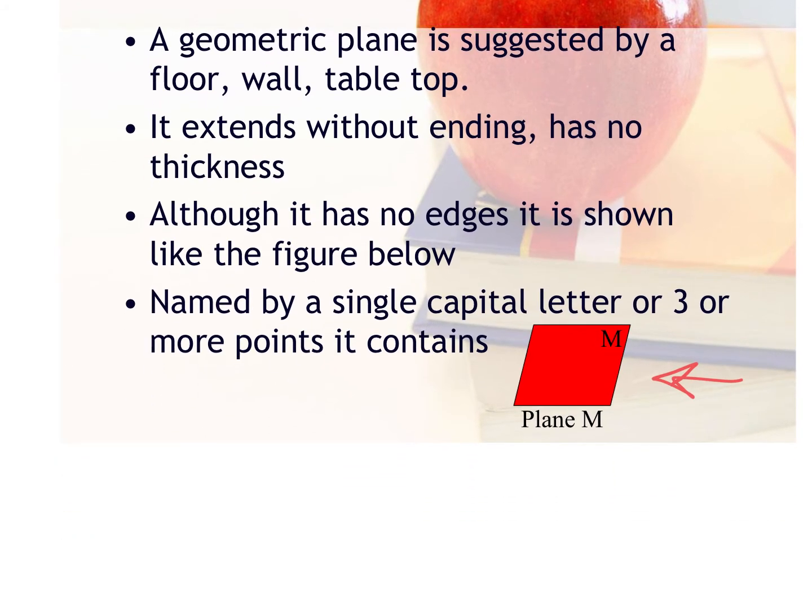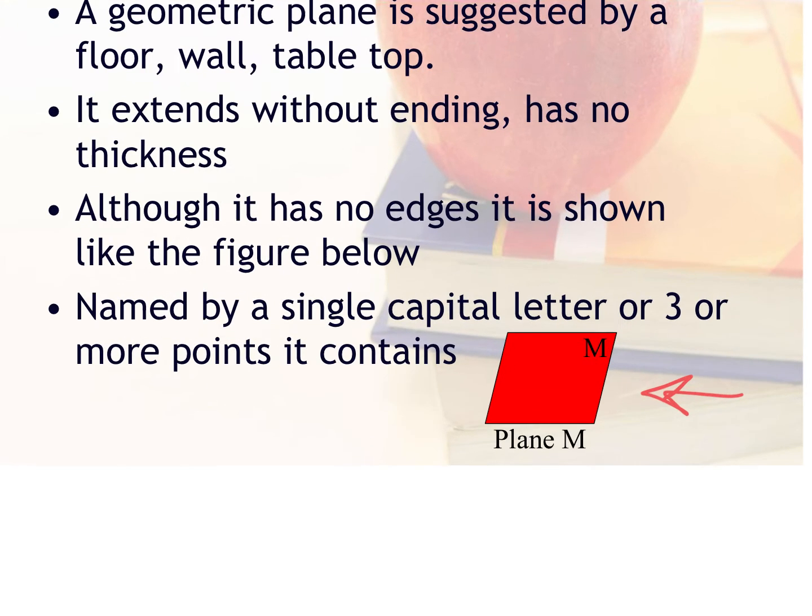The ways that you can name a plane, you can name it by a single capital letter, as long as that capital letter doesn't have a dot next to it, because then it would be just a point. Or you can name it with 3 or more points that are contained within the plane. So let's say I add some points to this red plane.